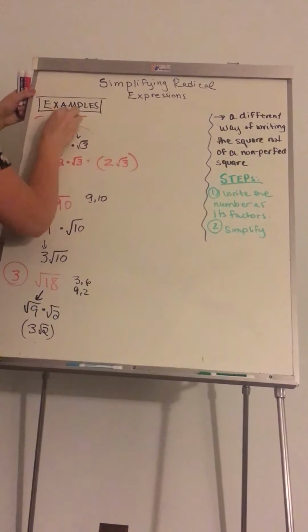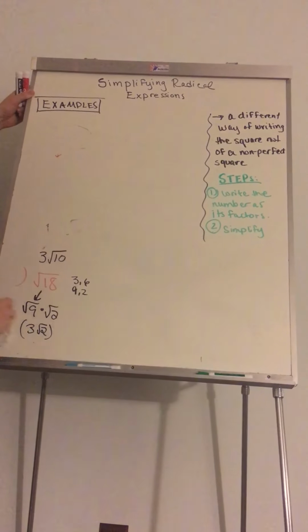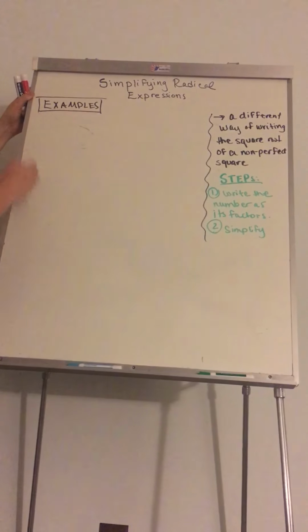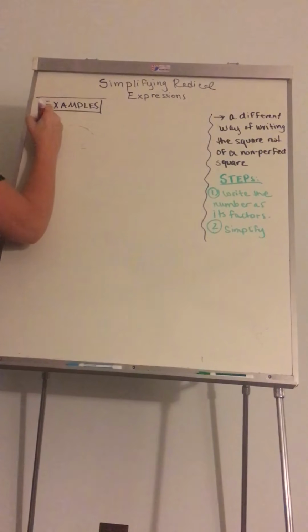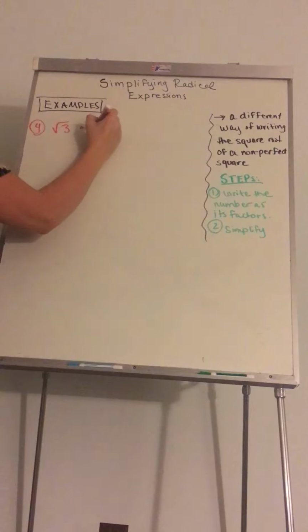All right. Say I had the square root of 3 times the square root of 15. Right off the bat, I can't really do a whole lot with that. So let me actually write it out first. Number 4 is the square root of 3 times the square root of 15.